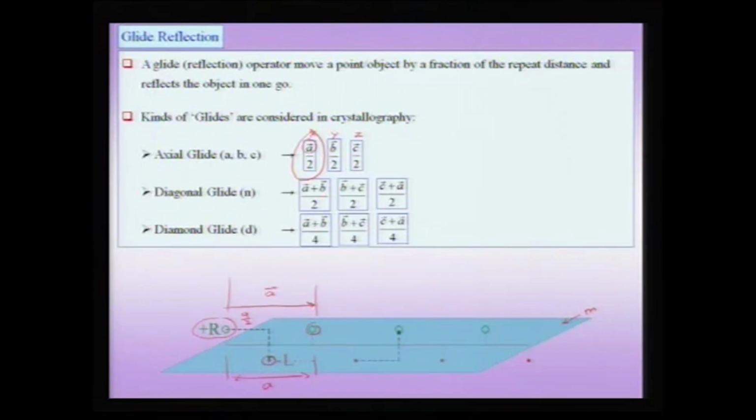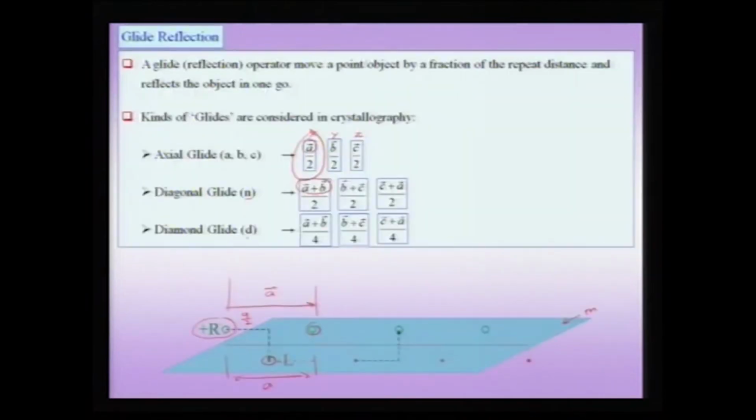We could also have what are known as diagonal glides, which are given the symbol n, in which case the translational component is again half, but it is an average of the translation along x and y directions both. So, this can be seen here. For instance, this is my A glide, which has a translational component along the A direction.